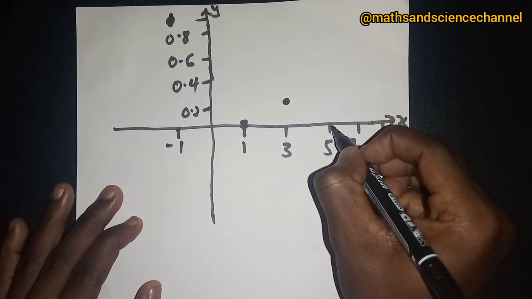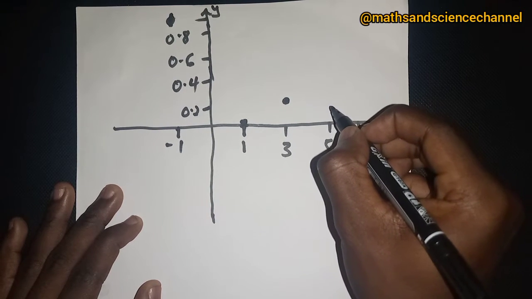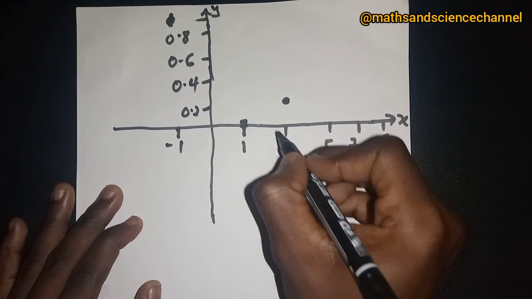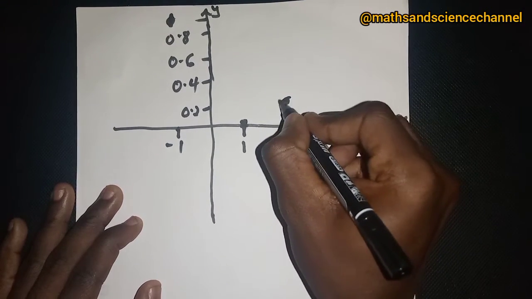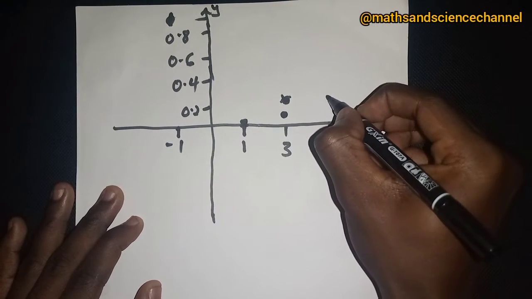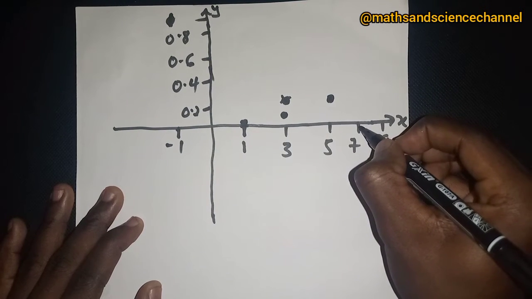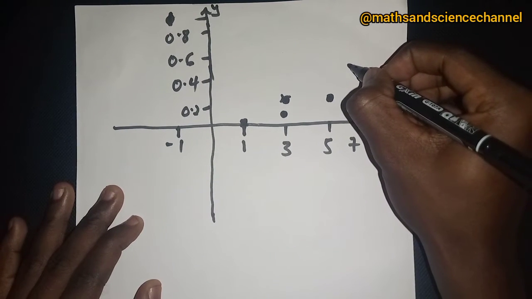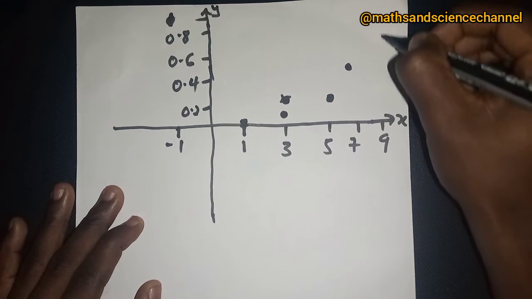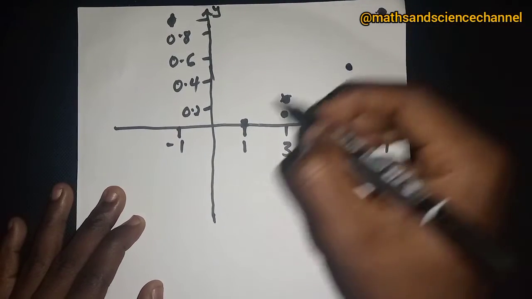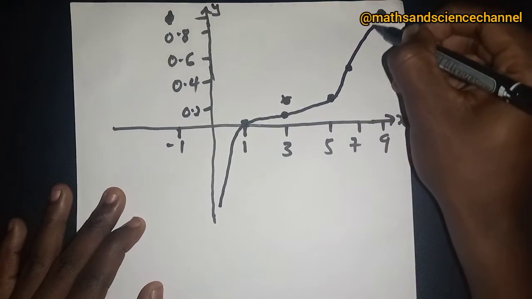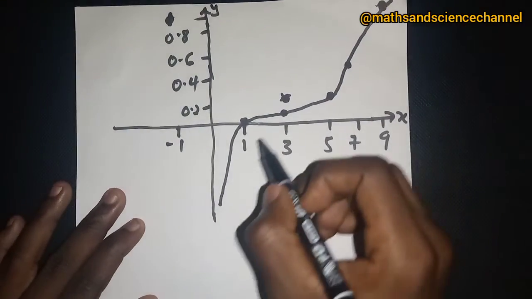Then when x is 5, y is 0.211 somewhere here. When x is 7, it's 0.427 somewhere there. Then when x is 9, y is just 1. So we have it over here, and it goes this way. You have the graph this way.